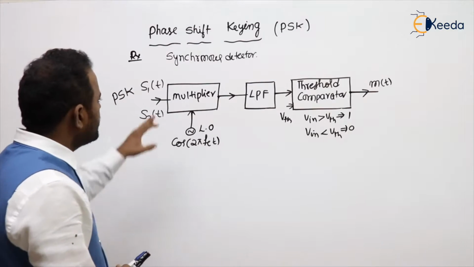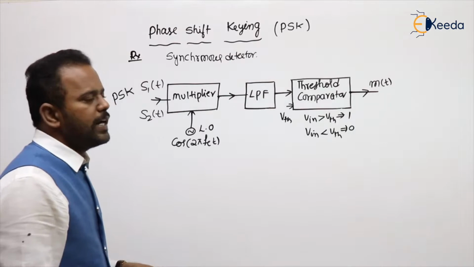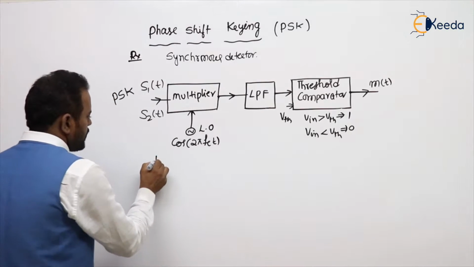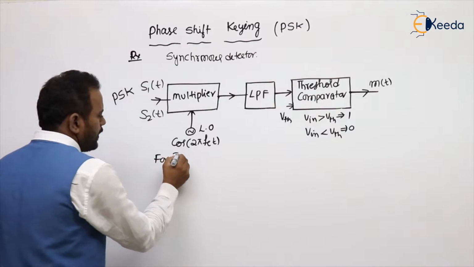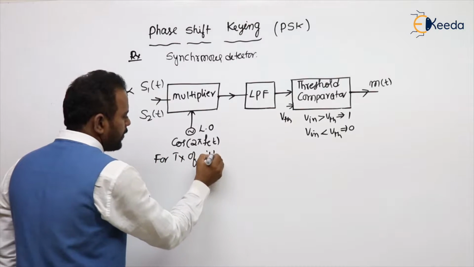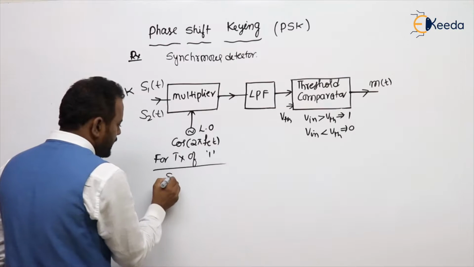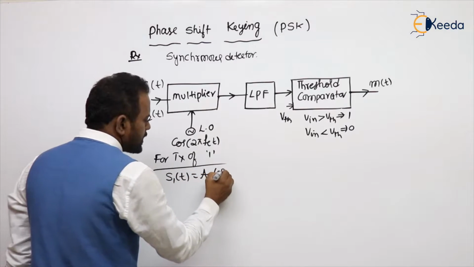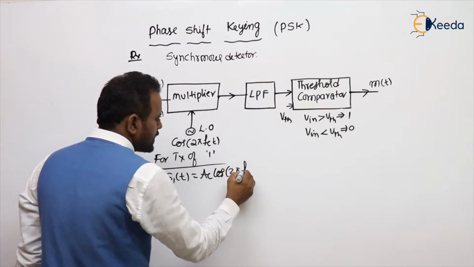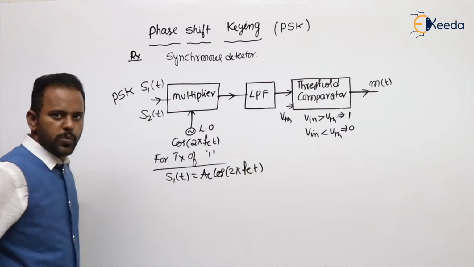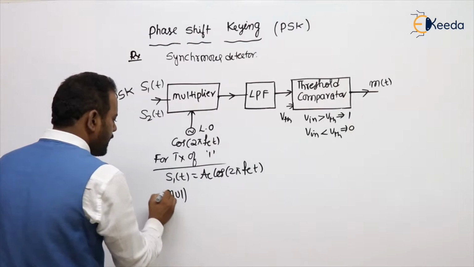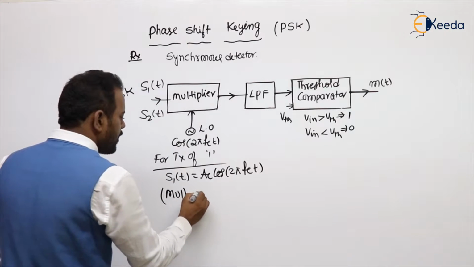Now let me analyze this for S1 of t and S2 of t, usual calculations only. First, for transmission of binary 1. Transmission of 1 means the corresponding modulated signal is S1 of t. What is S1 of t? We know that it is AC cos 2 pi FCT. Calculate the multiplier output.